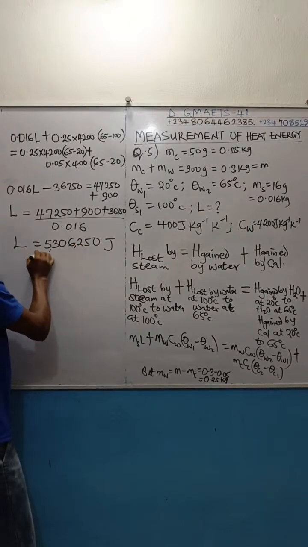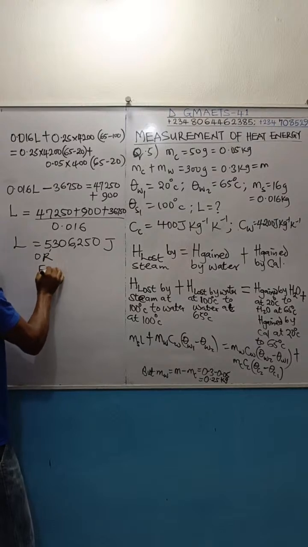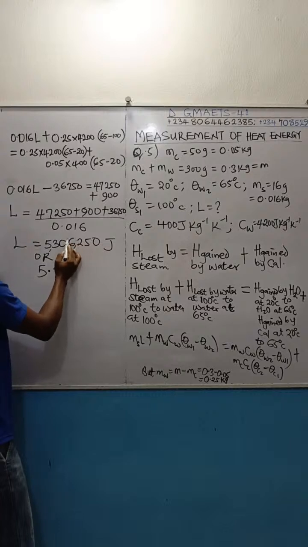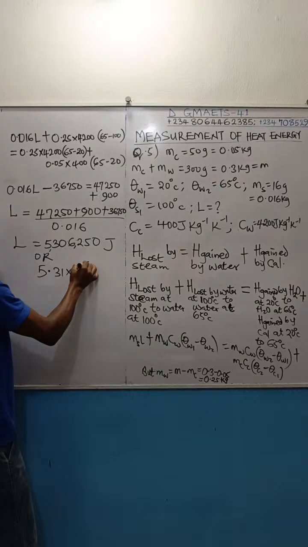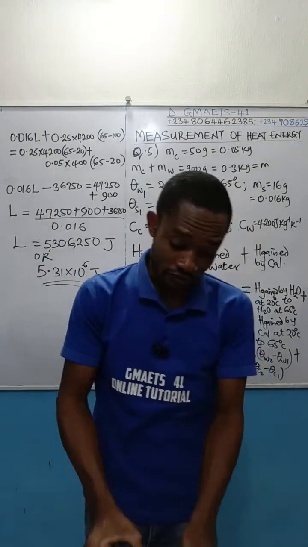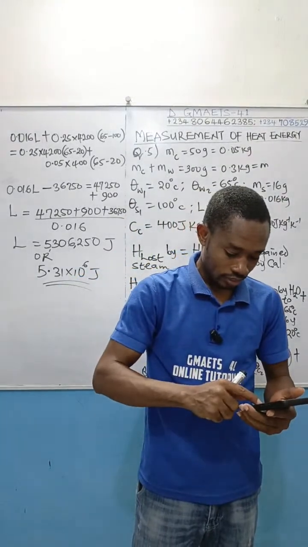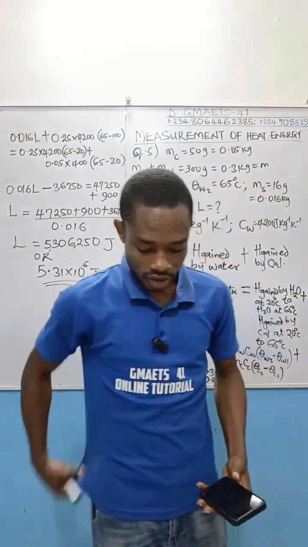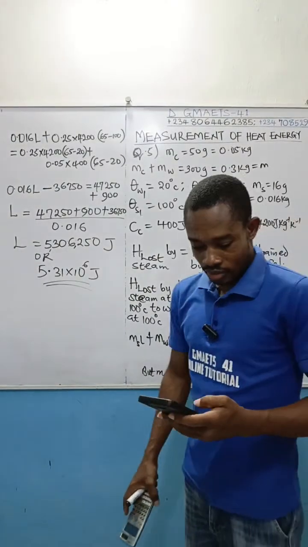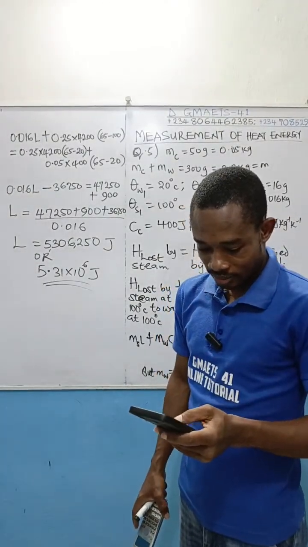We can also rewrite this as approximately 5.31 times 10 to the power of 6 joule, by moving the decimal point six places. So this is what the value would be, and that's the analysis.